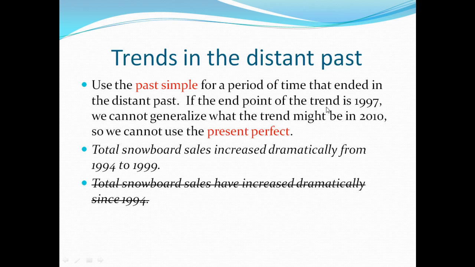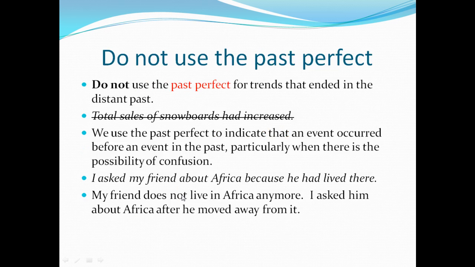If the endpoint of the trend is 1997, we cannot generalize what the trend might be in 2010, so we cannot use the present perfect. Total snowboard sales increased dramatically from 1994 to 1999. This sentence works for this graph, but total snowboard sales have increased dramatically since 1994 would not work since this graph does not take us up to the present time.